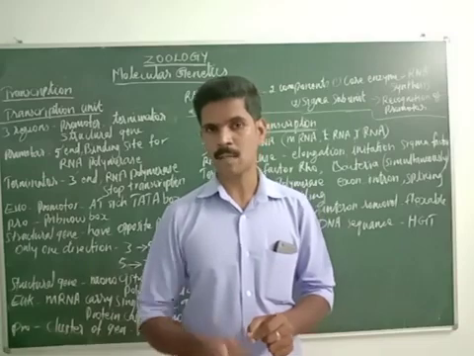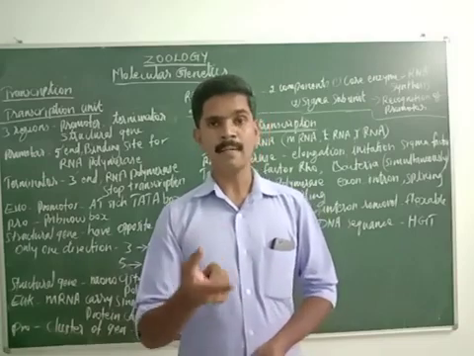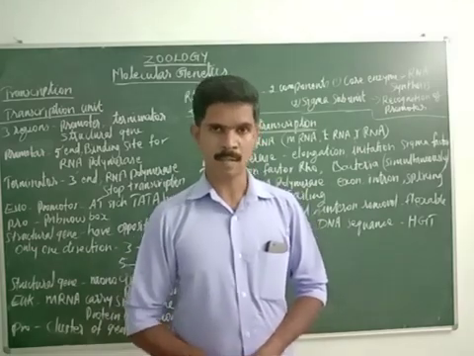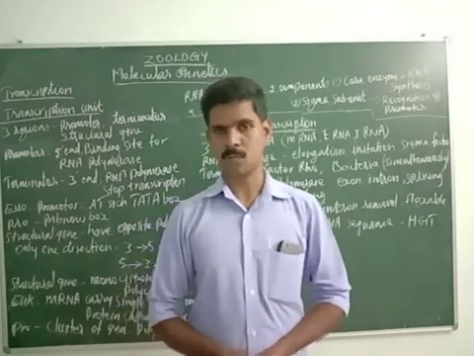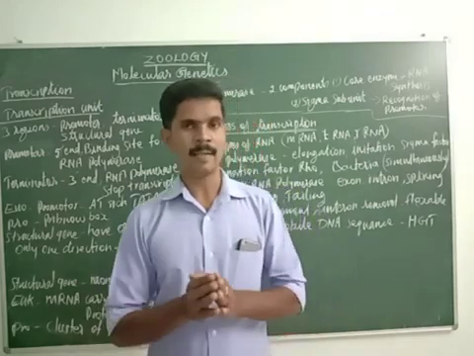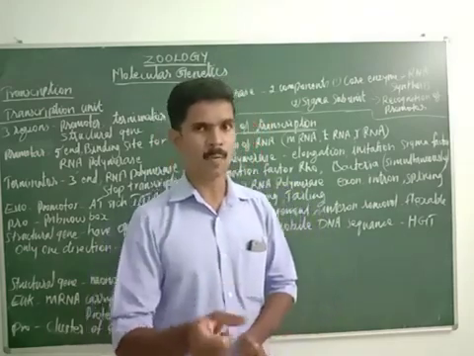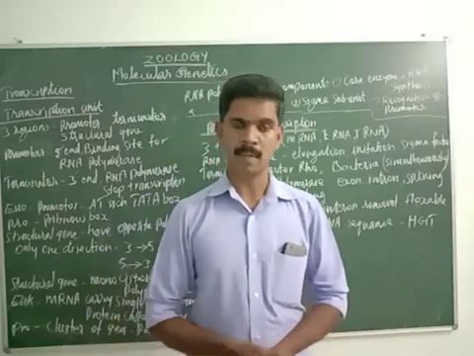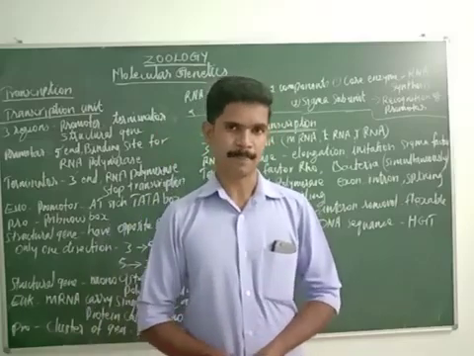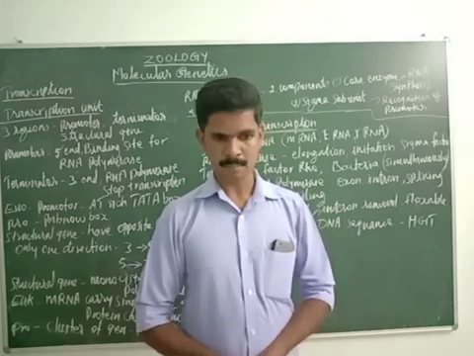These coding sequences are called exons. And the non-coding sequences are also there; these non-coding sequences are called introns. So exon means interrupted coding sequence and intron means non-coding sequence in a monocistronic structural gene. Understand?